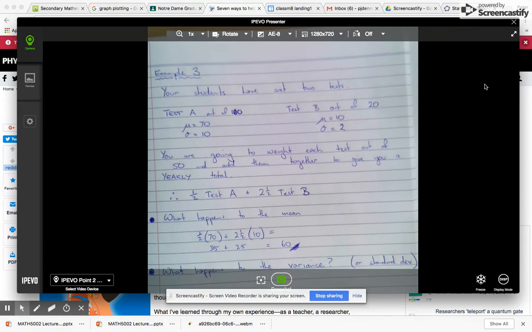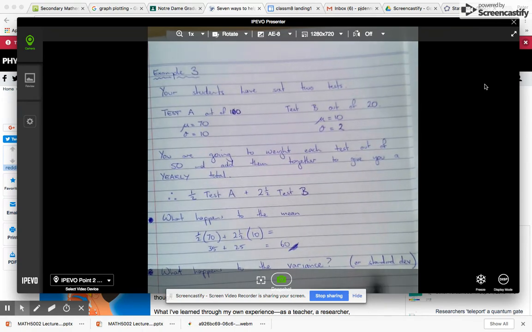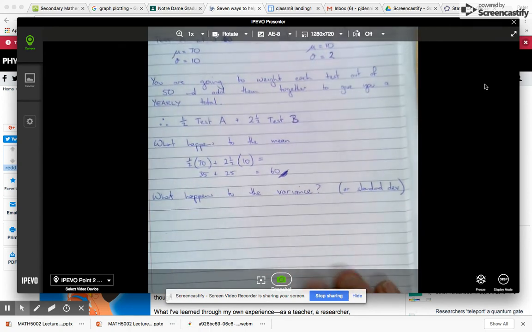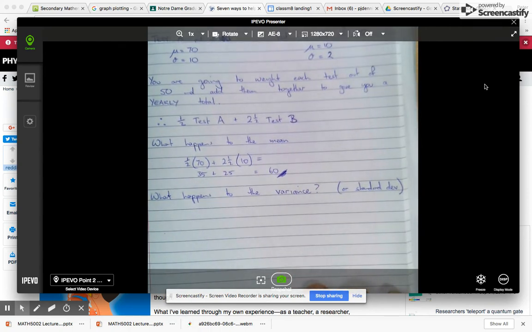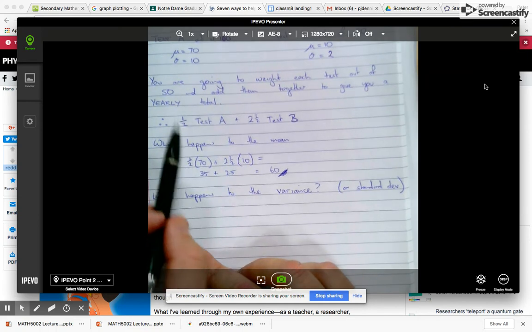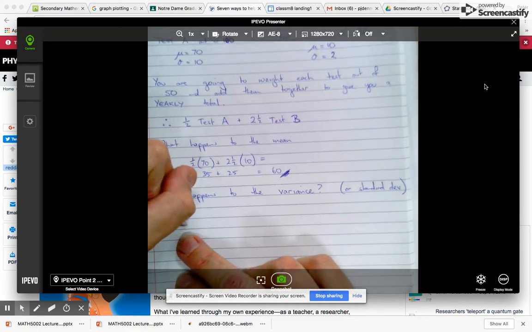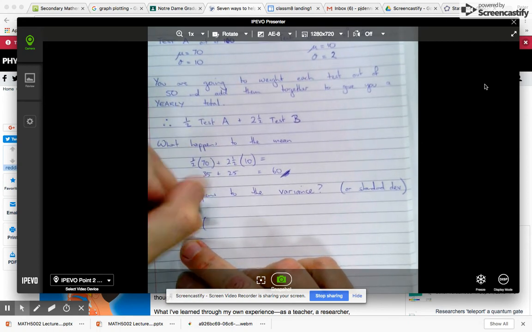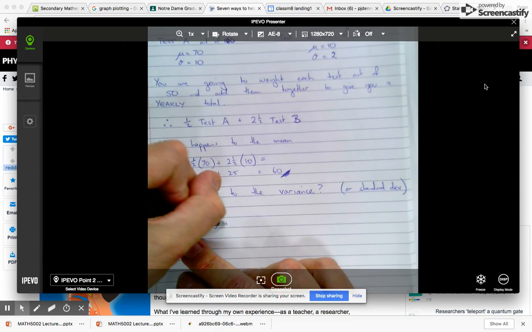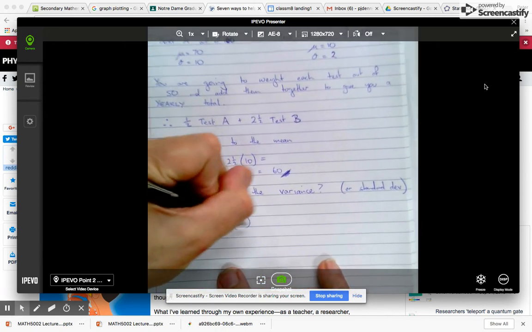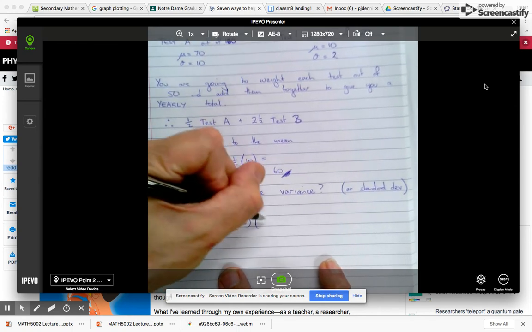It makes sense. What happens to the variance or the standard deviation? That's a little bit more complex. Remember, variance involves b squared. So we're squaring the weightings and then taking the square root. Because test A was halved, the new variance is going to be a half squared times the actual variance of 10 squared, plus 2.5 squared times the second test's variance.